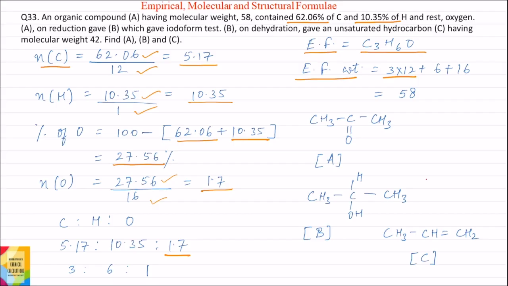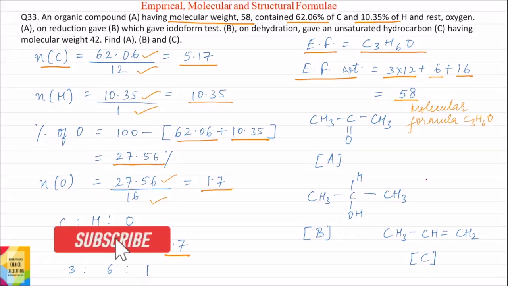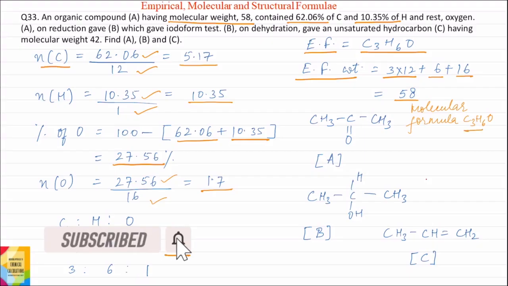So 3 into 12 plus 6 plus atomic weight of oxygen, that is 16. So empirical formula weight is 58. Now empirical formula weight and molecular weight are same. Therefore molecular formula will also be C3H6O. So from the molecular formula we know that A is a 3 carbon compound.